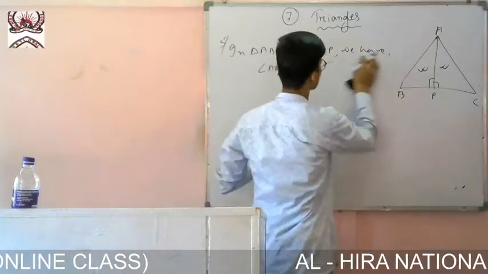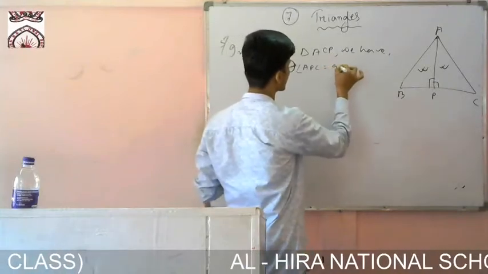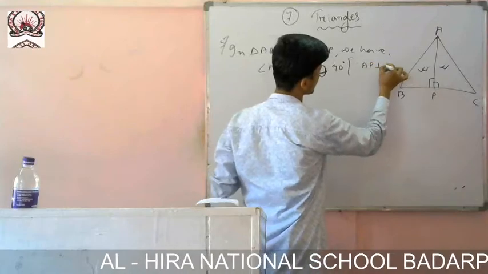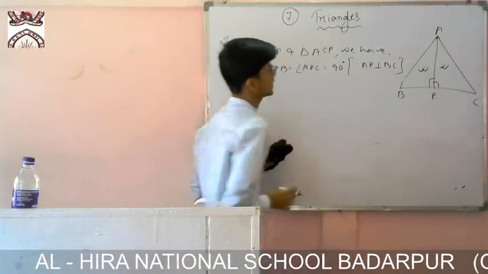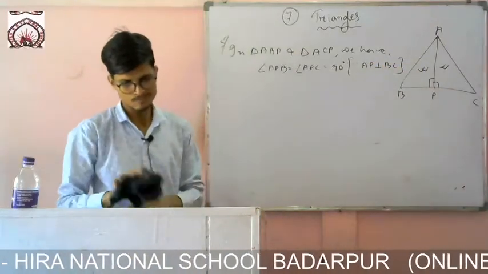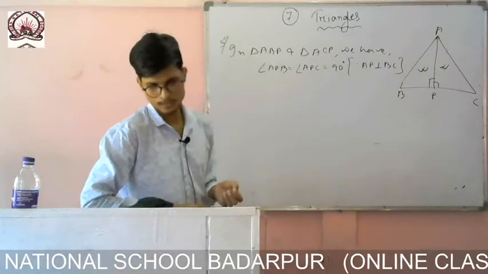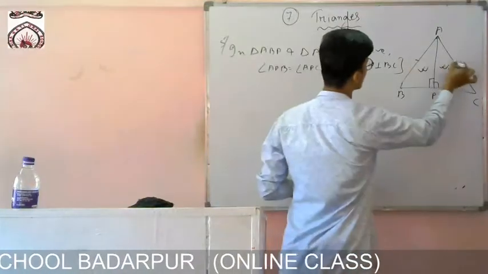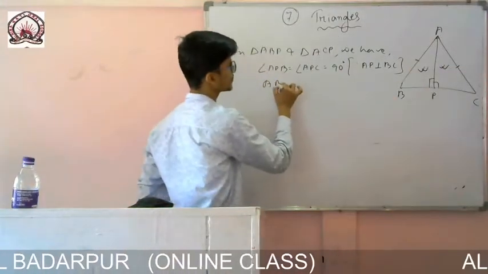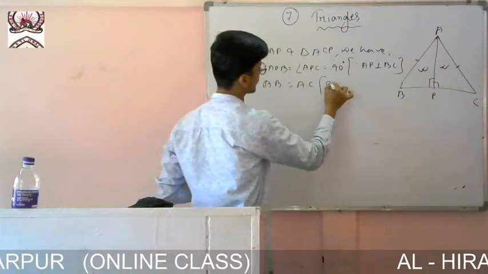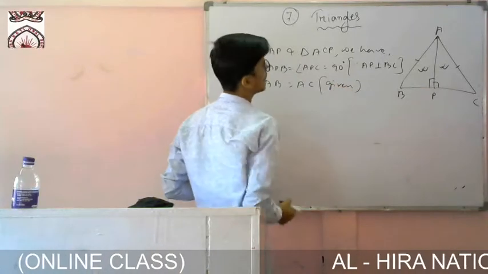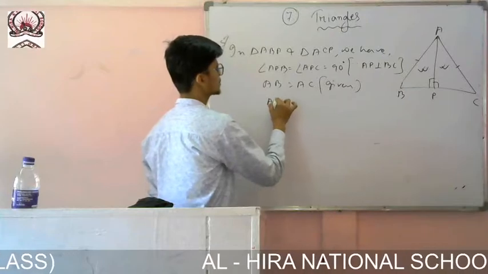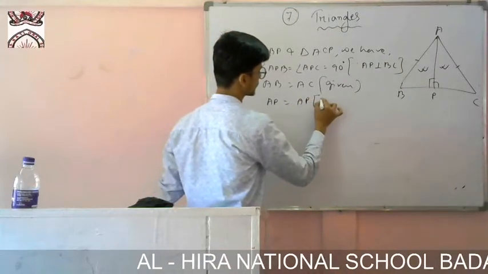Okay, one thing you do, you write this one equals 90 degrees, that one equals 90 degrees, and there you give, since AP is perpendicular to BC, so no need to give any extra reason. Okay, angle APB equals angle APC, and in the question these two sides are given equal, so AB equals AC given, and AP is the common side, AP equals AP common.